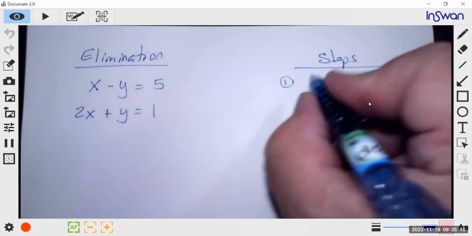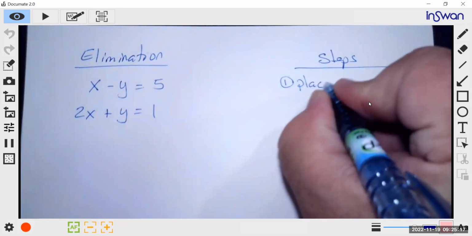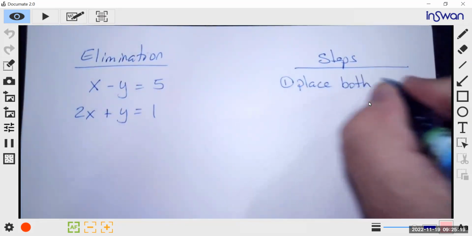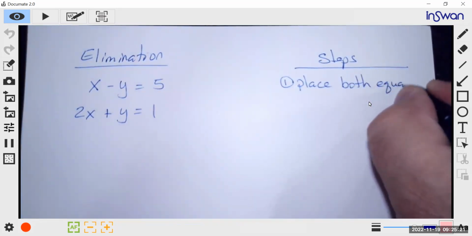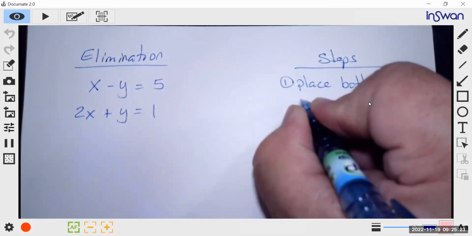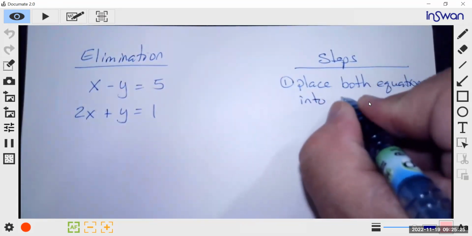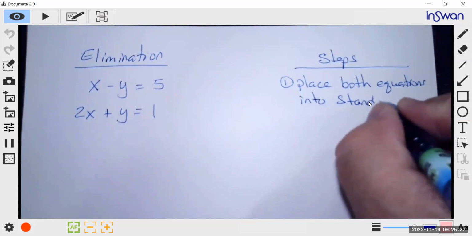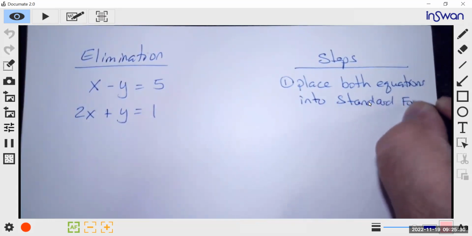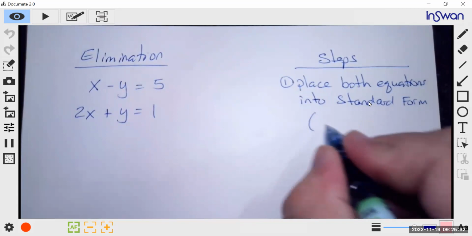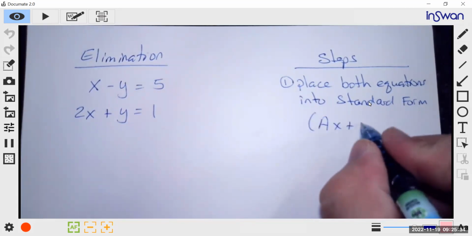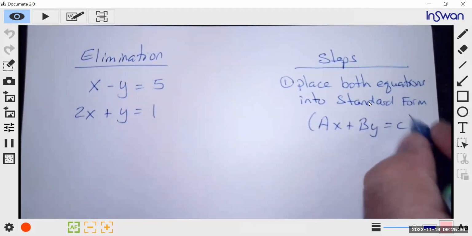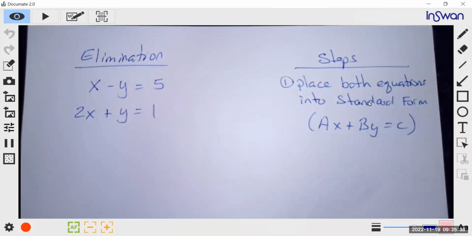In this method, place both equations into standard form. Remember, standard form is ax plus by equals c. So all the variables to one side, number on the other. Check, it's there.